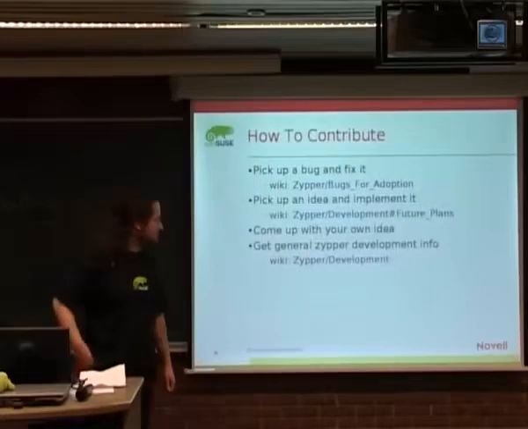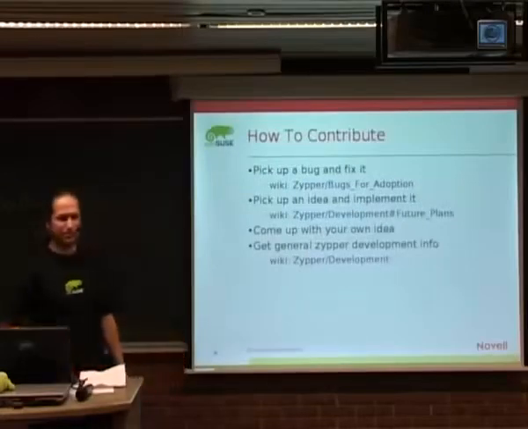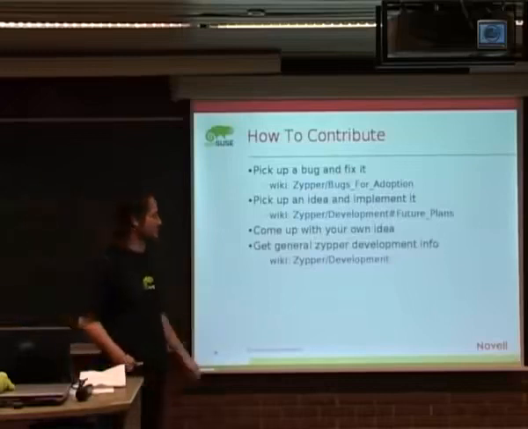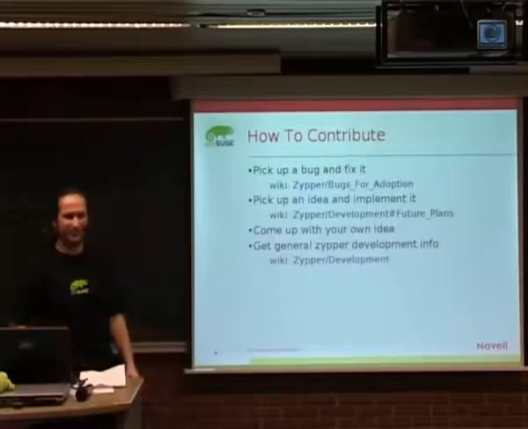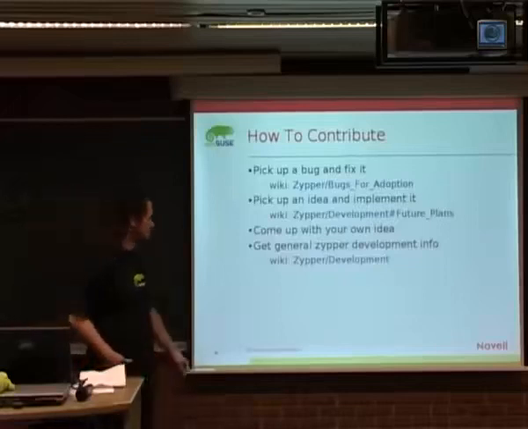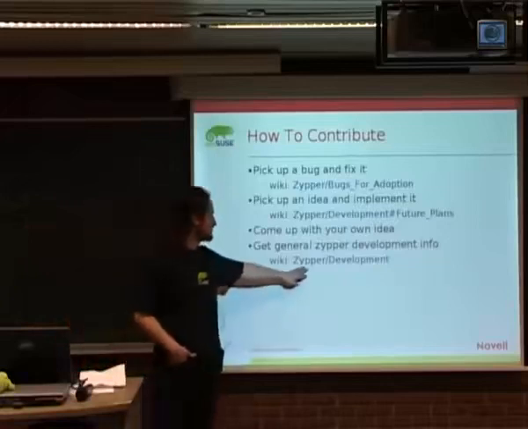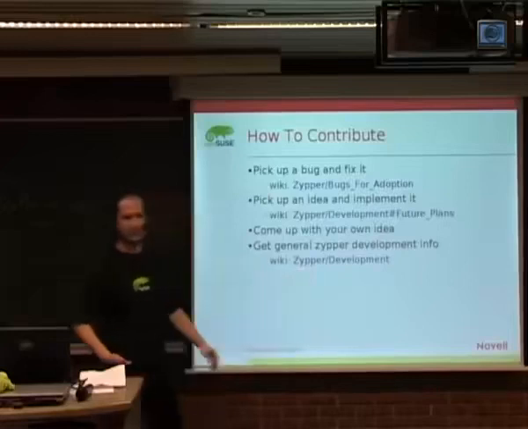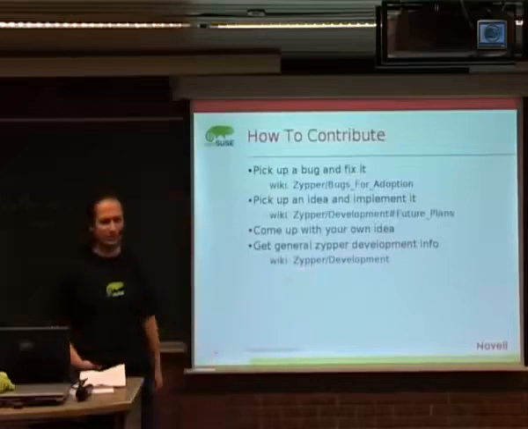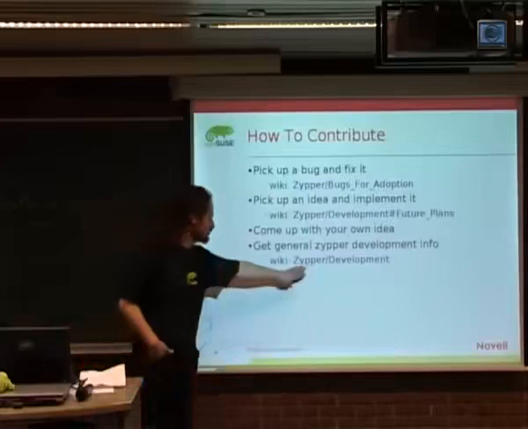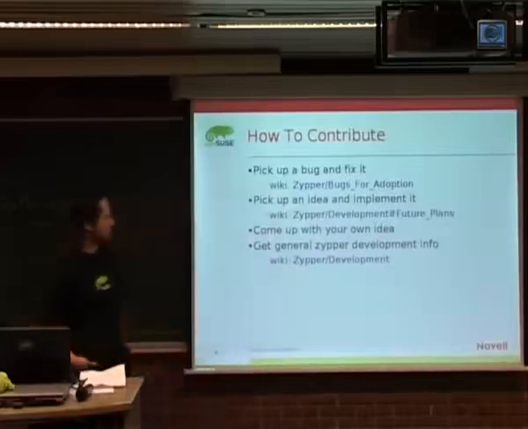The number of ideas is quite huge, so we won't get angry if you take some of the ideas or bugs that are open and fix them and send us a patch. You can get all the information needed, how to contact us, what is the mailing list, what is our IRC channel, and so on, on this wiki page on openSUSE.org.